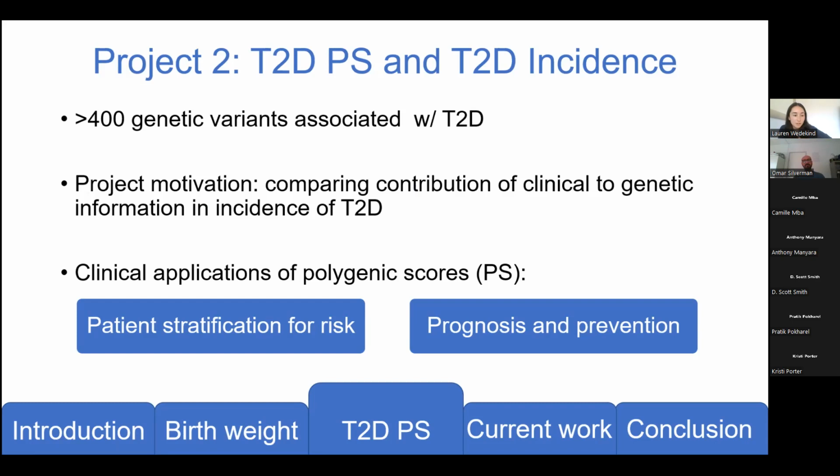Well, in clinical settings or in research studies, you could stratify patients on how at risk they are for diabetes if you already have genetic information to calculate a polygenic score. And then you can also look at prognosis, forecasting whether a person might get diabetes in a certain number of years, and also prevention. But that depends on what genetic information you already have available, which is pretty limited overall right now.